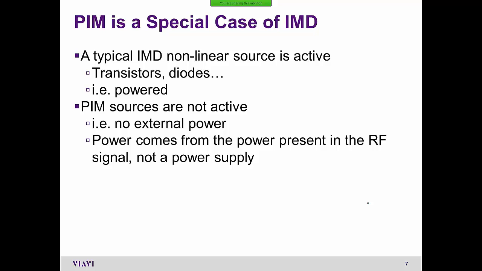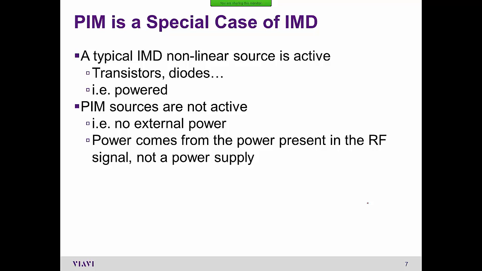Well, PIM is a special case of intermodulation distortion where there's no external power applied to the device. So the device is really passive, and the power that comes from the system is coming from the RF that's injected originally.